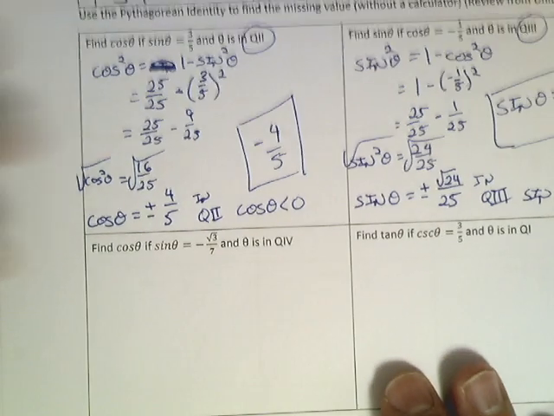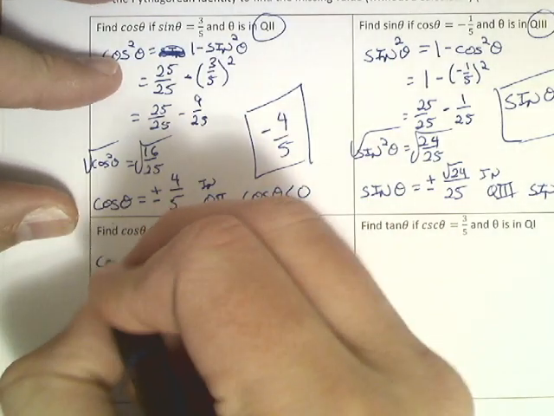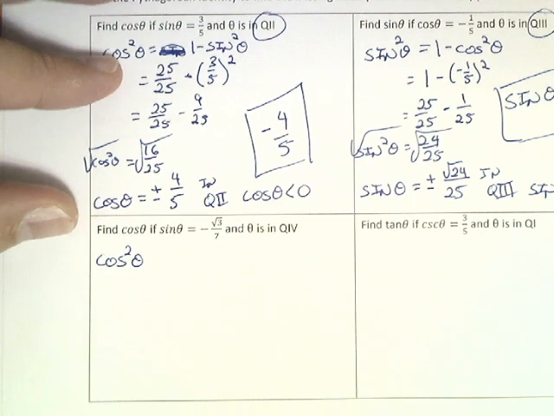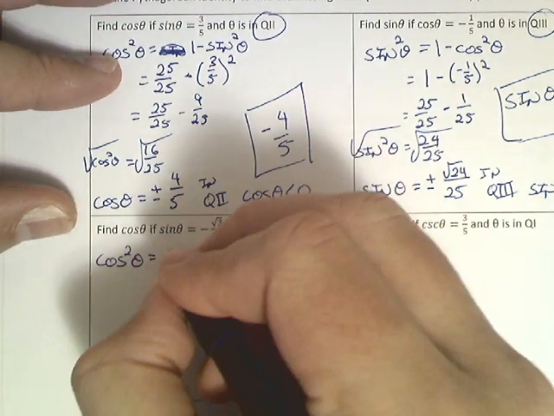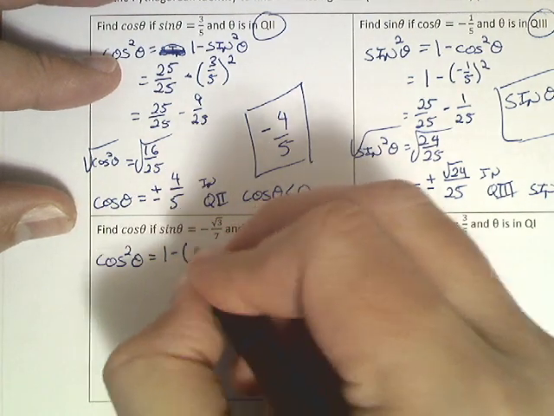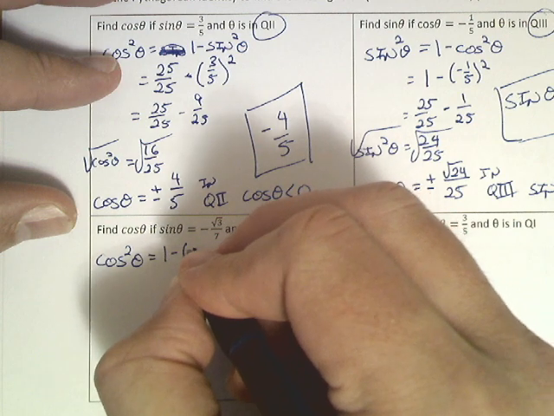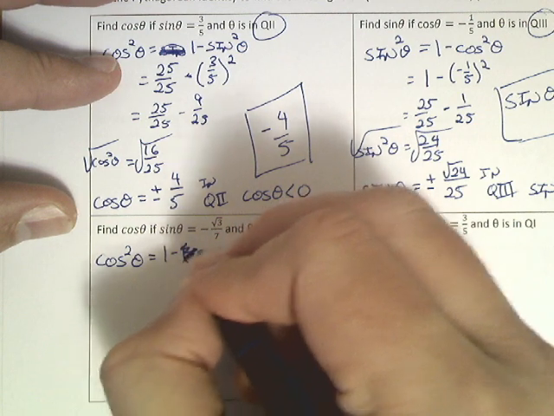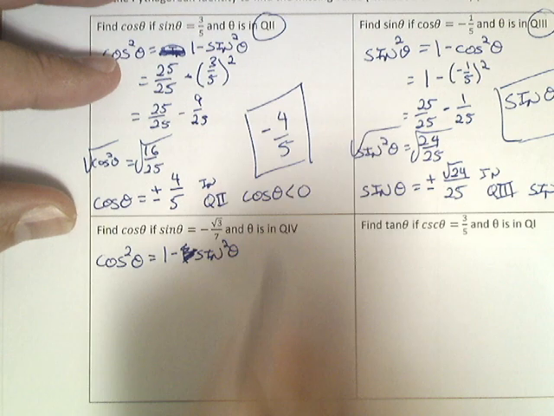2 more. So this time again, we're going to go cosine squared theta is equal to 1 minus sine squared theta.